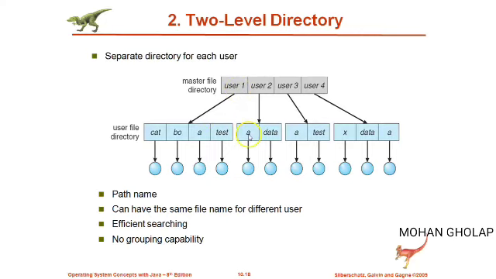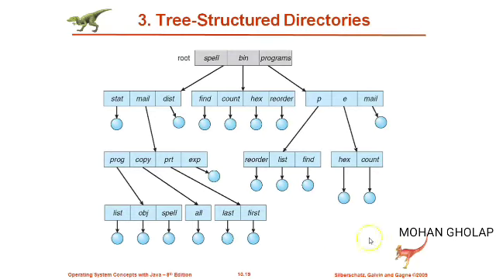Similarly, if you want to open this file a, you have to specify that you want to open file a which is a member of user 2. So that's why we have to use a path name here. Here we can have the same file name for different users, as we saw. It gives efficient searching and no grouping capability. Here, it is possible to have the grouping. So this is about the two level directory.